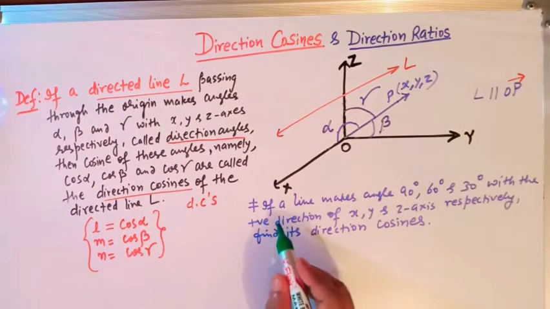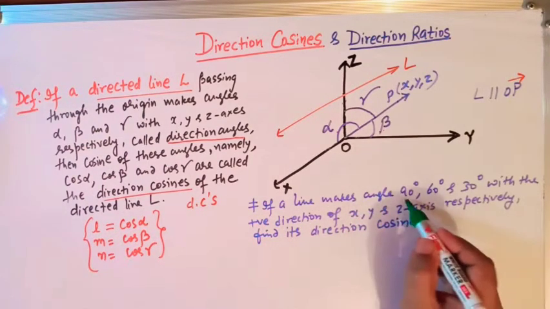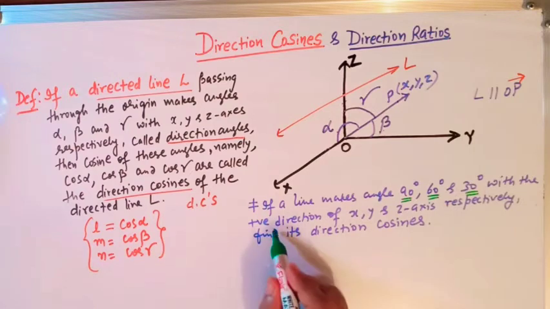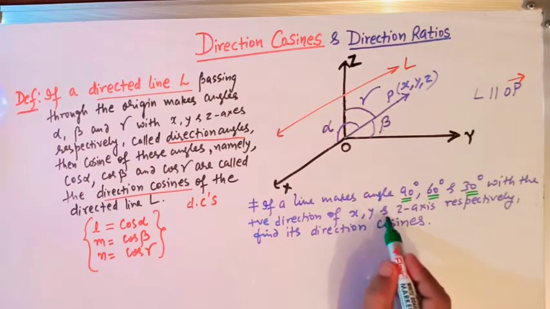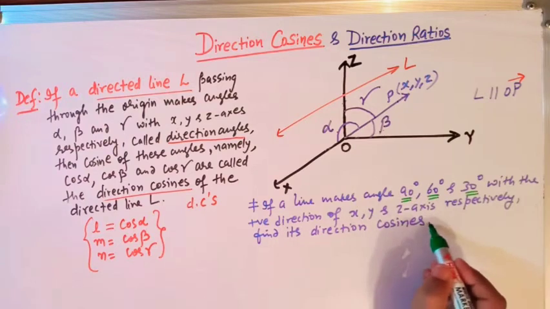Now viewers, let us take this problem. If a line makes angles 90 degrees, 60 degrees and 30 degrees with the positive direction of the x, y and z axes respectively, find its direction cosines.